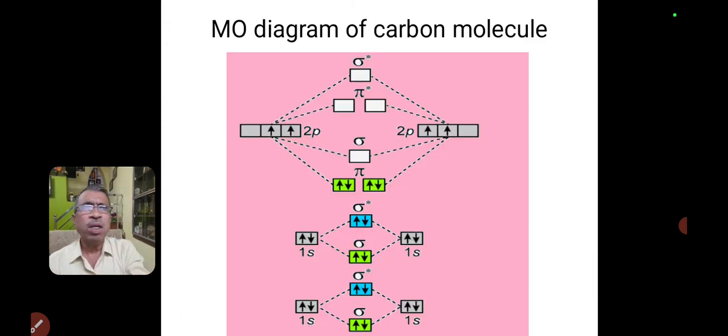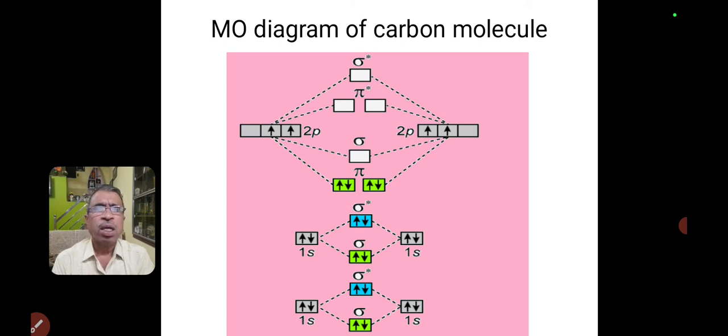So this is the molecular orbital diagram for the carbon molecule. It contains, in the valence shell, 2, 4, 6, 8, 10 and 12, sorry, it contains 12 total electrons in carbon. But if I remove the 1s, it contains only 8 valence electrons.